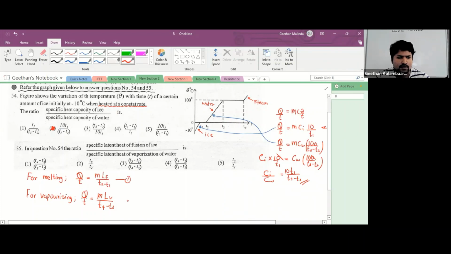So again we have two equations we can equate. So when you equate, m gets cancelled.